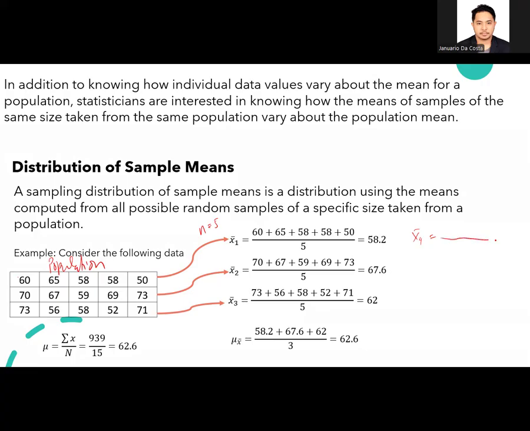Okay, Sergio, pick one. 58. Pick one. 59. 59, okay. Jennifer, pick one. 70. 70? Okay, let me pick one. I suppose I pick 52. Okay, this is just a random number. Everybody picked a random number, right? So what is the mean of this?